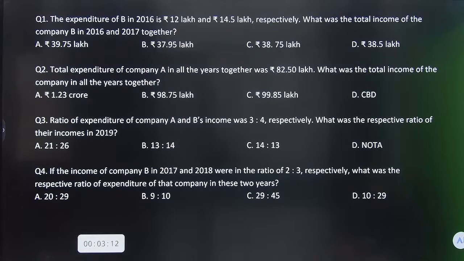Yes, yes, 16 and 17. Correct. 16 and 17. Yes. Last 2 odd minutes, guys.